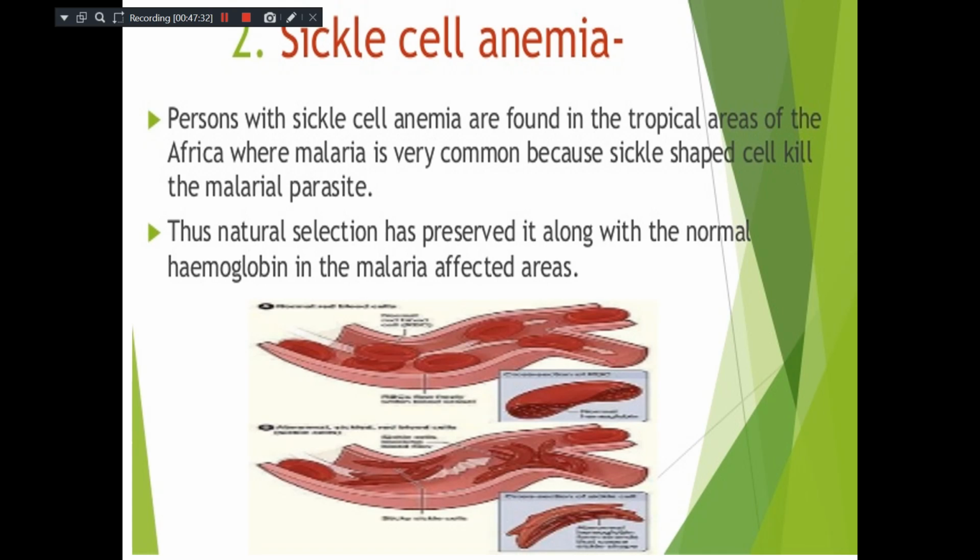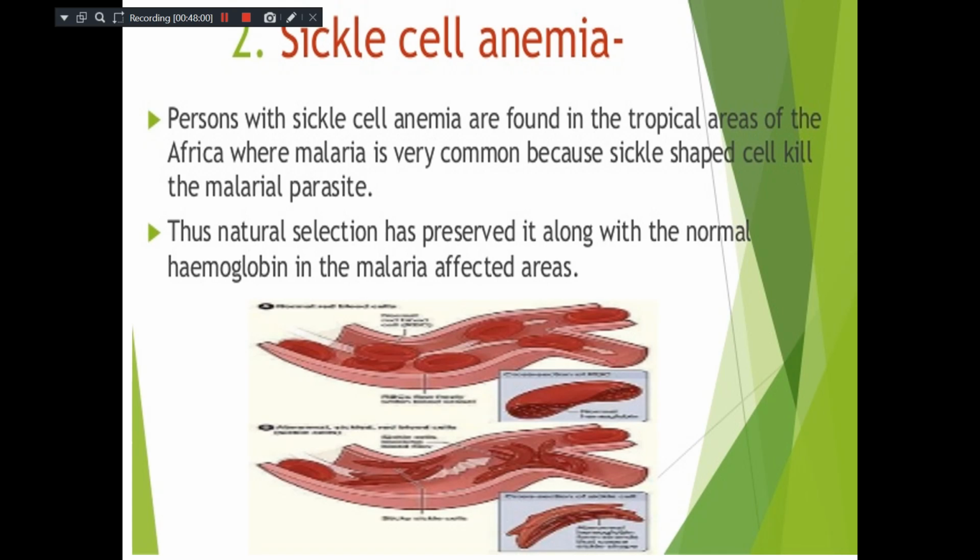It has been found that sickle shaped cells kill the malarial parasite. Because of this, natural selection has preserved it along with the normal hemoglobin only in the malaria affected area.